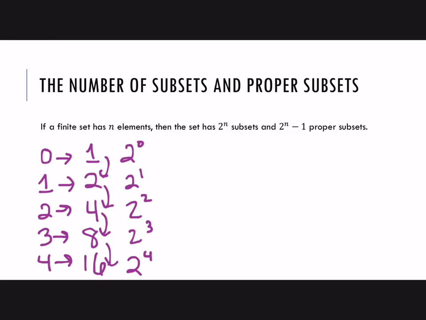Notice that these exponents match the number of elements in the set. So for a finite set with n elements, the set has 2 to the n subsets, and then you just subtract 1 to find the number of proper subsets. It's always 1 less than the number of subsets.